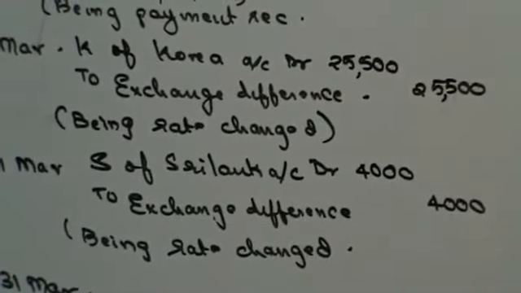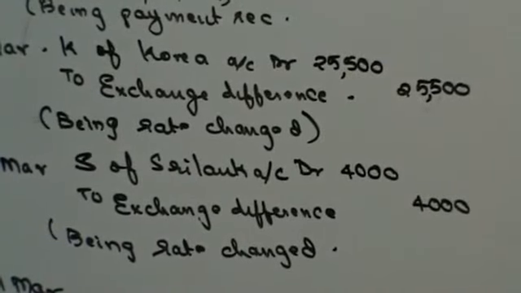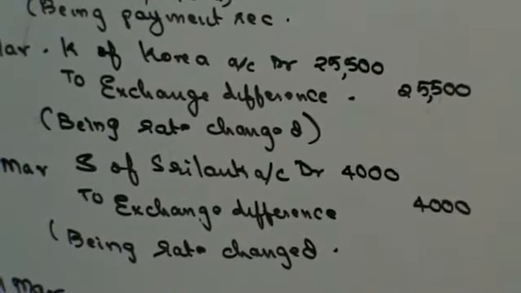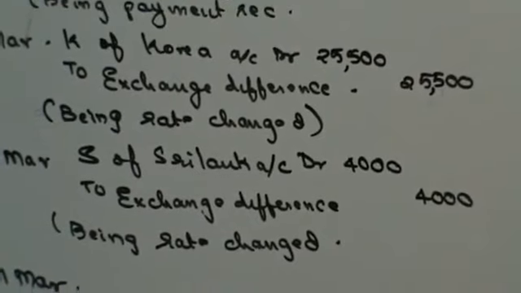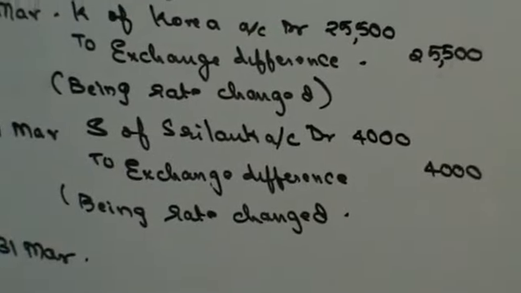How much is the net balance? 11,200. No. Negative. Wait, we'll do one thing. We'll make a ledger for this. Leave space for one journal entry and let's make a ledger for the exchange difference account.